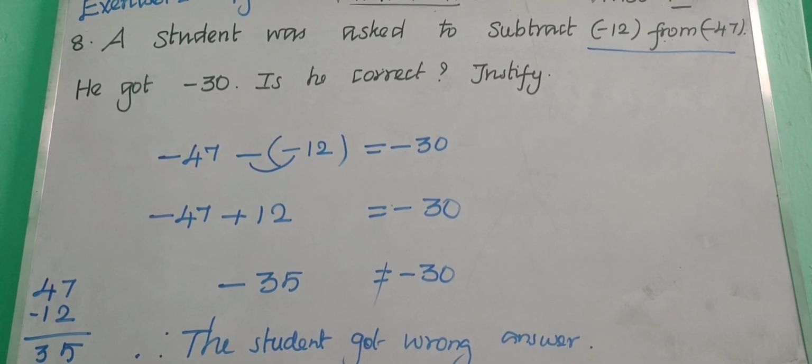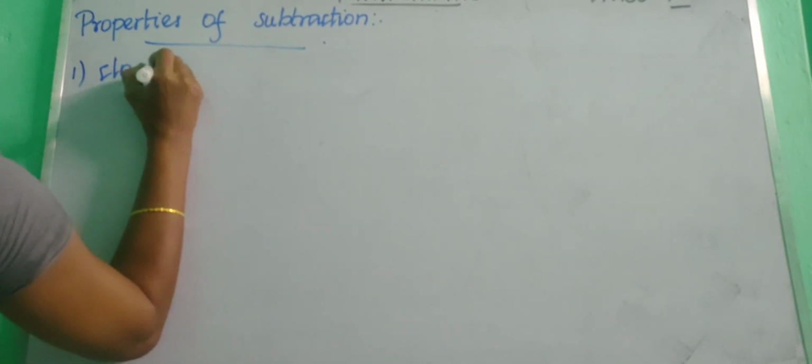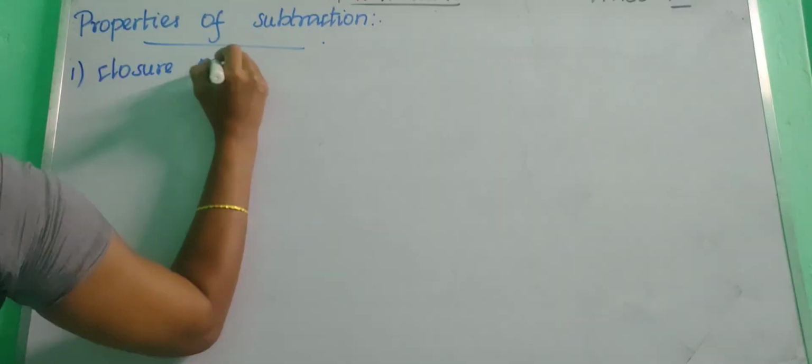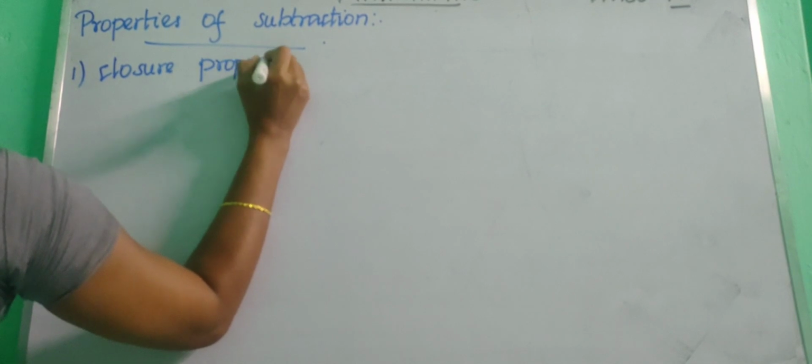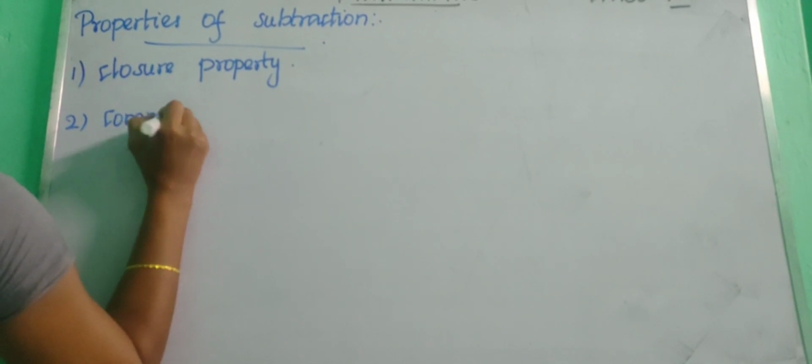So the next topic we are going to learn is about the properties of subtraction. Okay. So already we have learnt about the properties of addition, right? So what are all the properties we have learnt? We have learnt about closure property, right? The first one we have learnt is closure property. C-L-O-S-U-R-E, closure. Okay, closure property. And then we have learnt about commutative property.